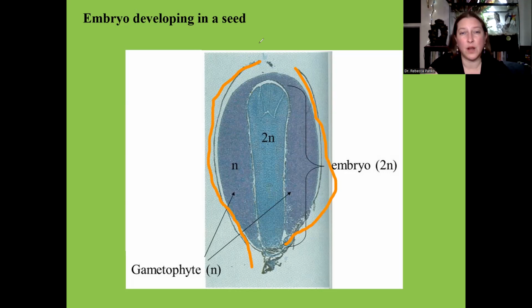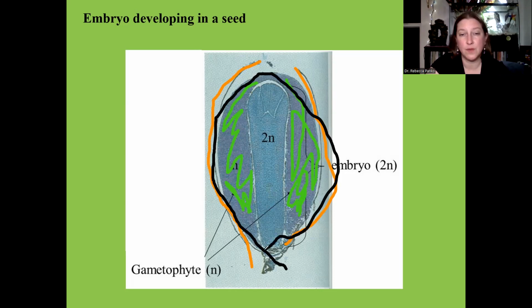I know what color I used for the gametophyte. So all of this here is the female gametophyte plant. She had an egg on her, and she's still here inside of that megasporangium, which will also turn into seed stuff.